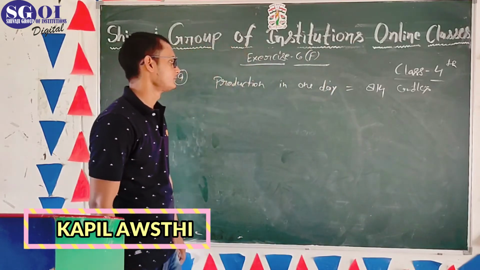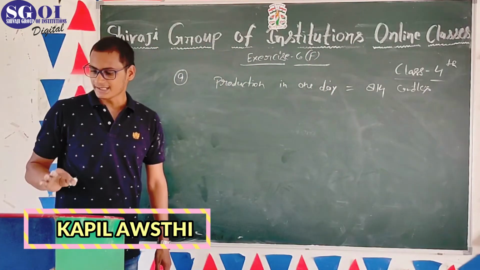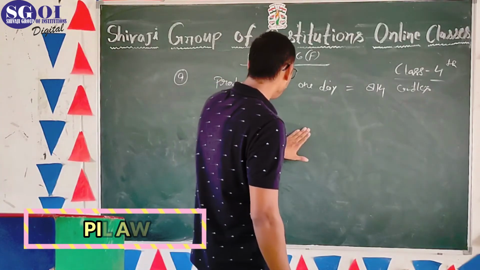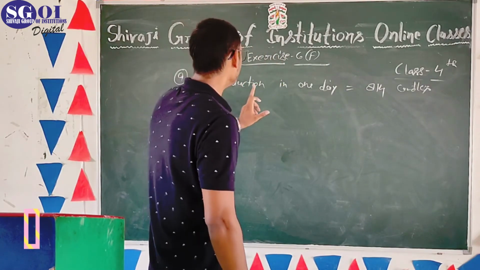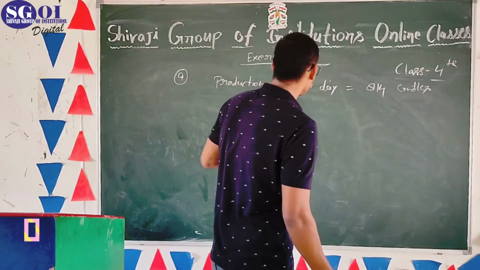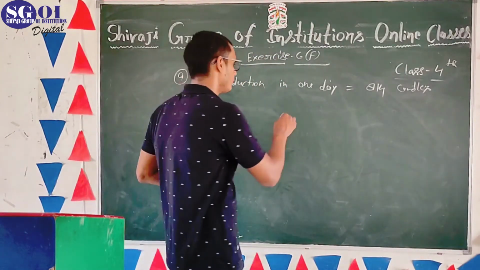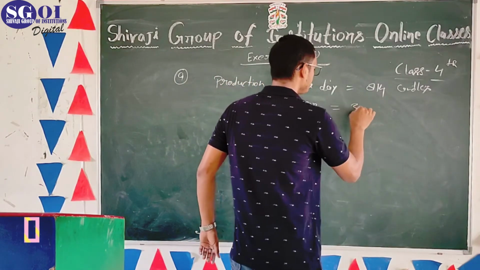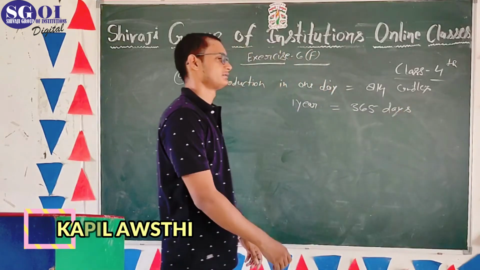We have to find the production in 1 year and it is given in days, so first we change the year into days. 1 year is equal to 365 days.